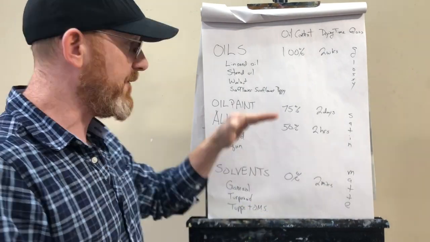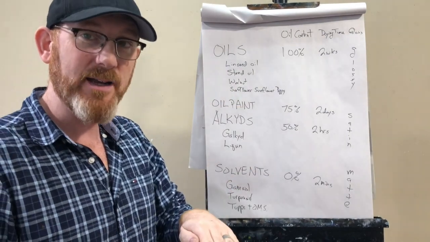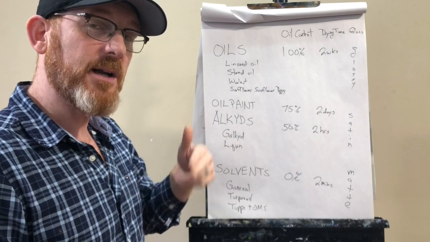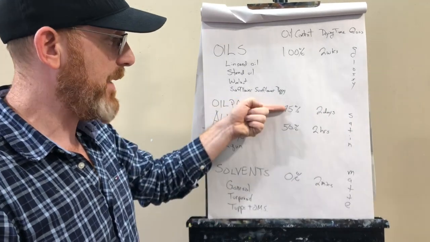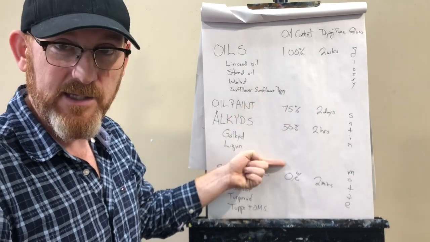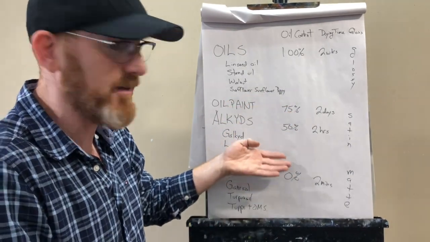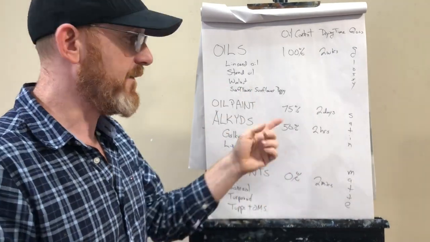But if the layer of the oil paint that you put on first at 75% has dried, and you go back a couple of days or a week later and you put another layer on, you shouldn't mix in solvent or alkyd into your paint, because that would cause that 75 to drop. You'd be ending up putting on a 60s or a 30s, 40s oil content paint over top of a 75.